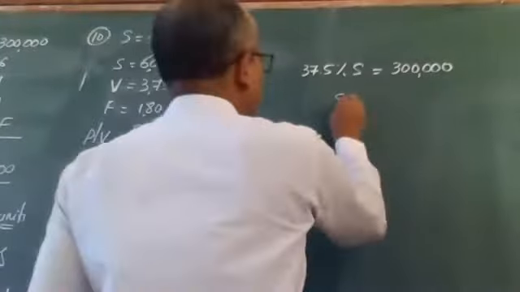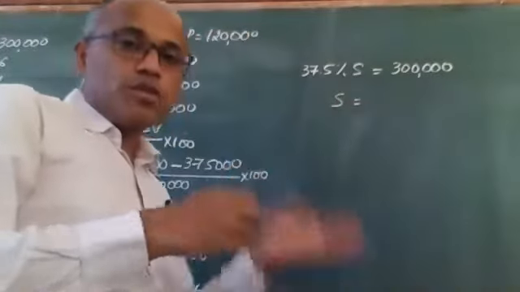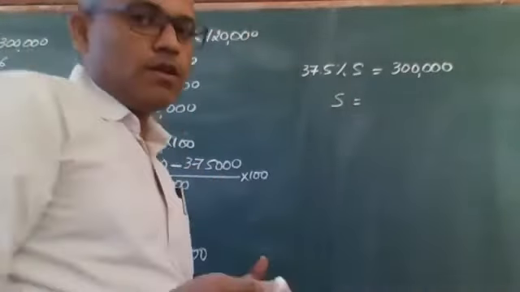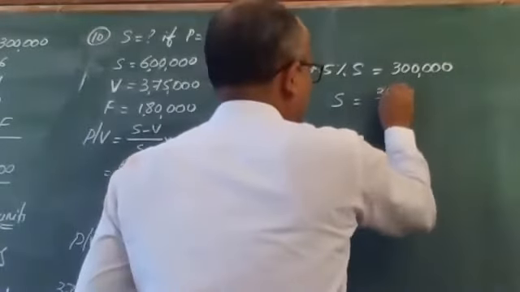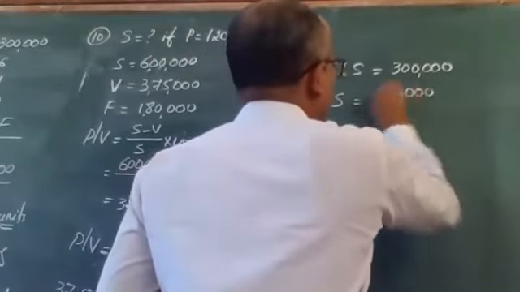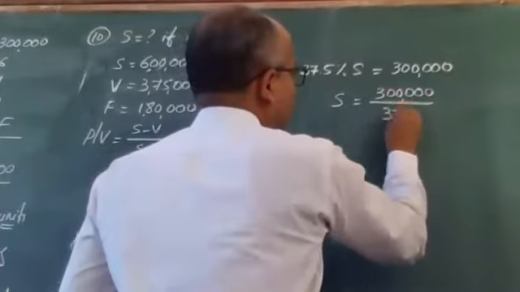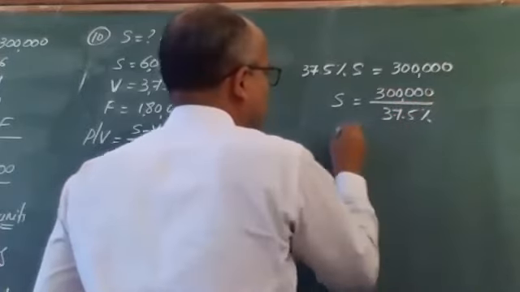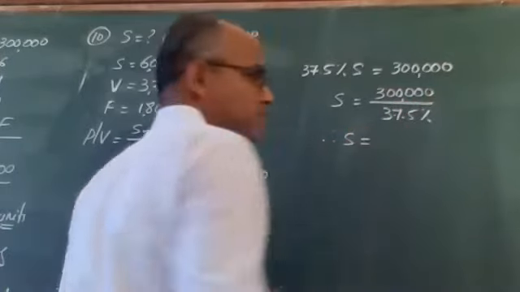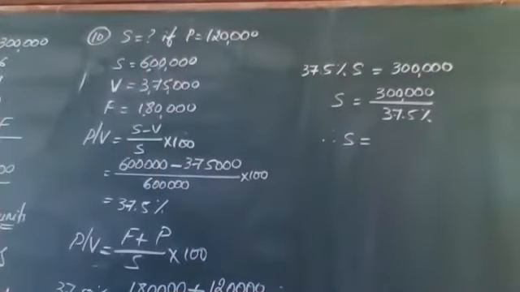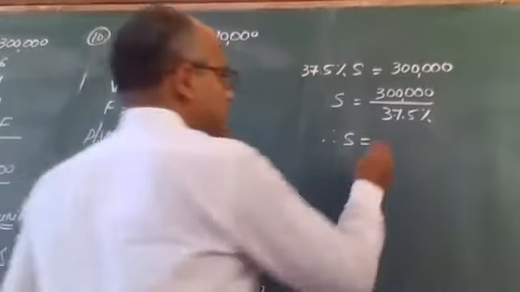So S is equal to, multiplication going to the other side becomes division, 3 lakhs divided by 37.5%. Therefore, sales is how much? 8 lakhs, sir. Sales is 8 lakhs.